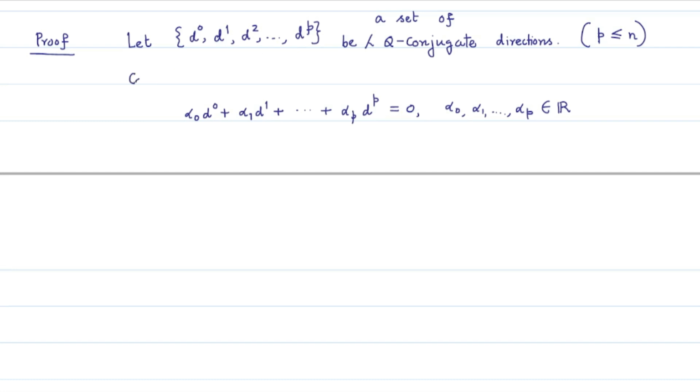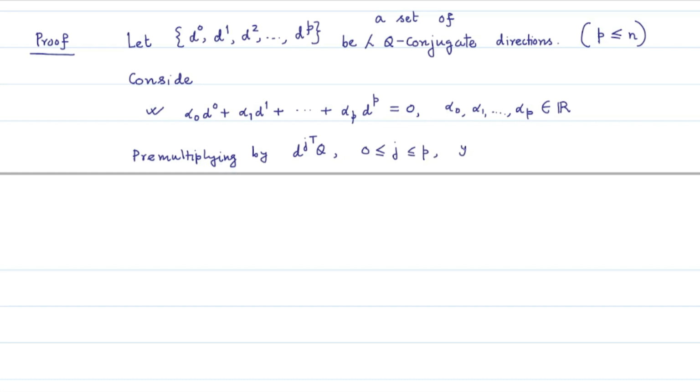So we consider this equation that I have written over here, and now to prove that all alpha i's are equal to 0, we pre-multiply on both the sides by dj transpose q, for some j in between 0 to p.